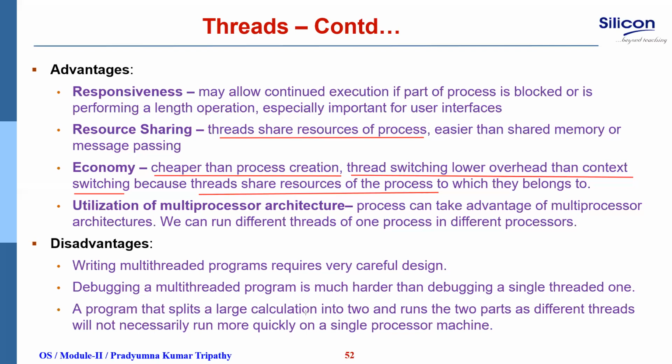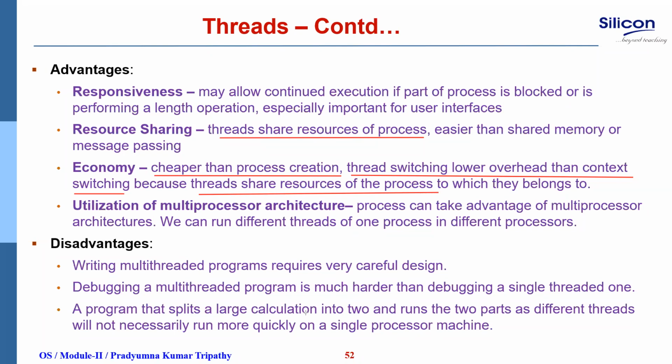These may be assigned to different cores and they can work independently. So multiple threads can be assigned to different processors so that they can run in parallel. Therefore, we are taking advantage of multiprocessor architecture.